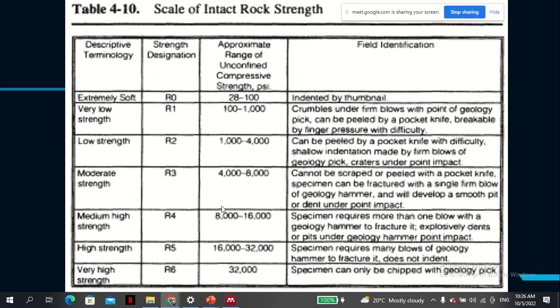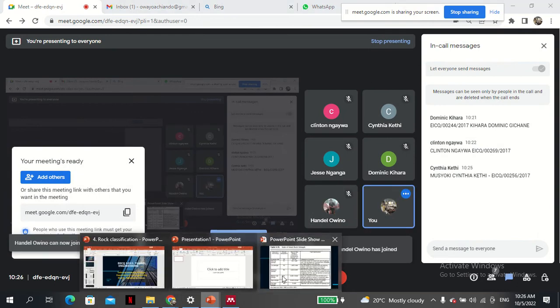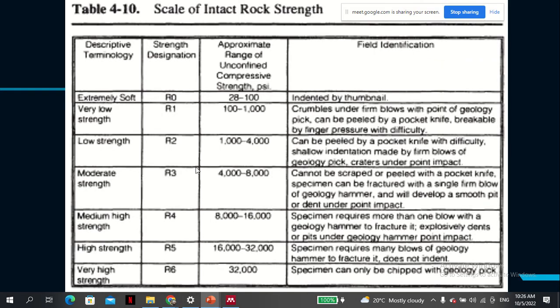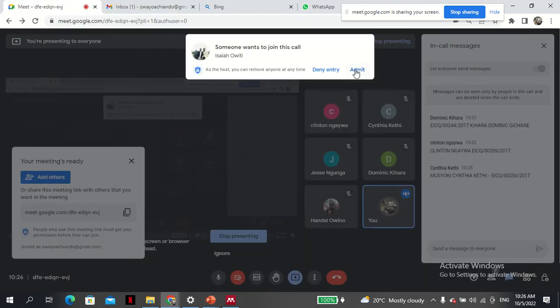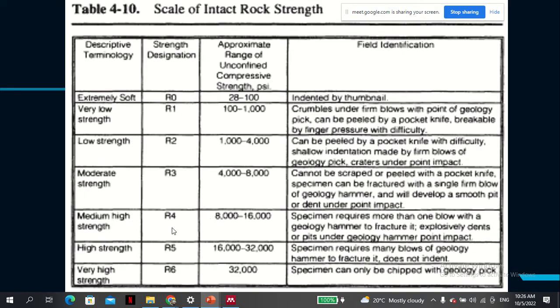If you talk about soft, the strength designation extremely soft is R0, and the range of unconfined compressive strength is between 28 to 100, and you can indent with a thumbnail. So this is a very soft rock that you can indent with your thumb.